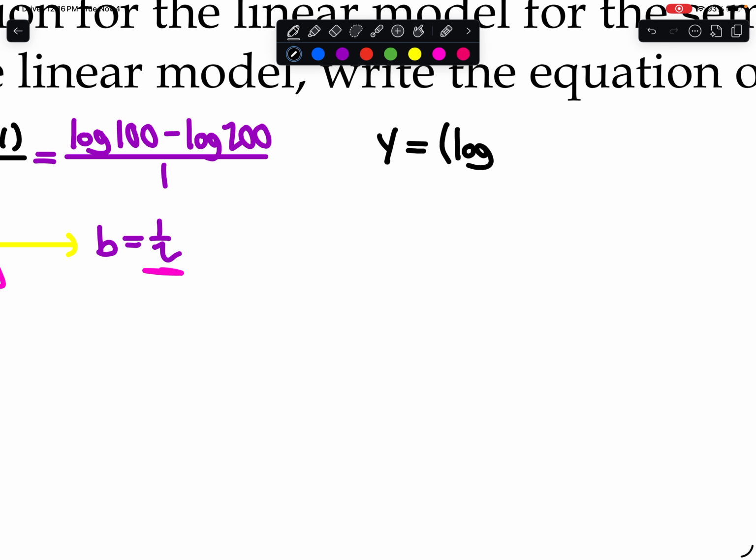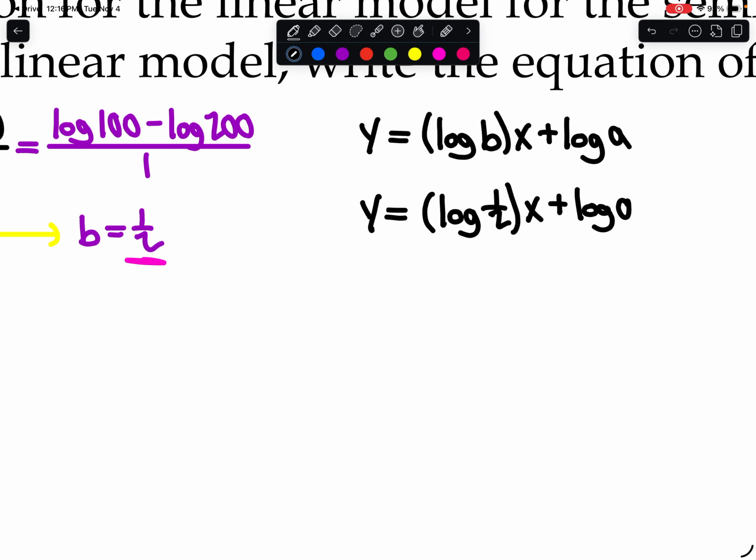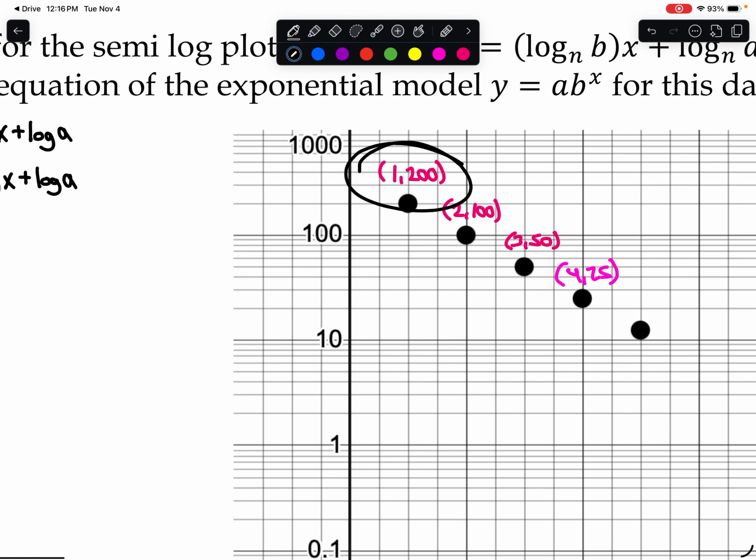So now that we have that, now I'm going to go ahead and plug in. So we're still using base 10, so log of b times x plus log of a. So I'm going to plug in for my b value, so we're going to have log of 1/2 times the next value plus log of a, and then I'm going to plug in a point. So I'm going to go ahead and just plug in (1, 200).